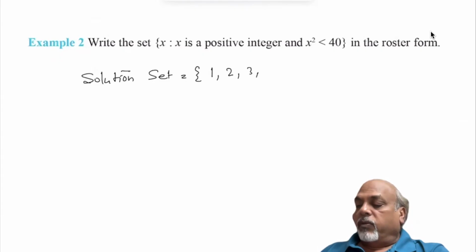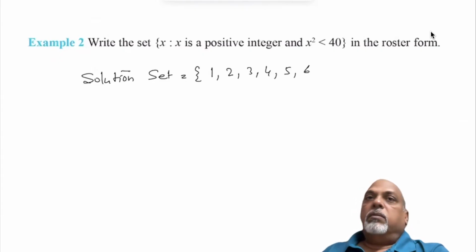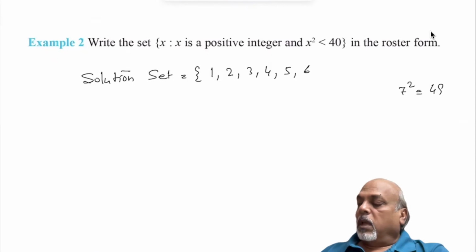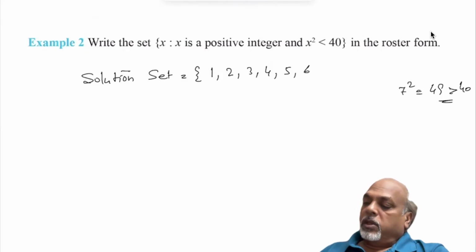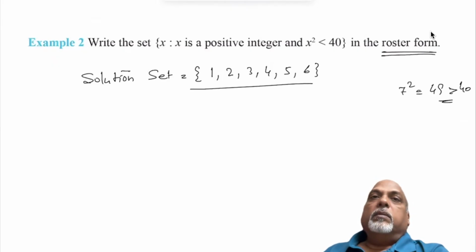Then 3, then 4, then 5, then 6 also. But we cannot include 7 because 7's square is 49, which is greater than 40. So this is the set in roster form. Correct?